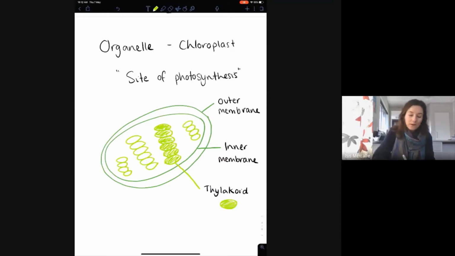This is where all of the chlorophyll is concentrated. This is why they are so green, and this is what makes the plant green. It's all of these thylakoids.